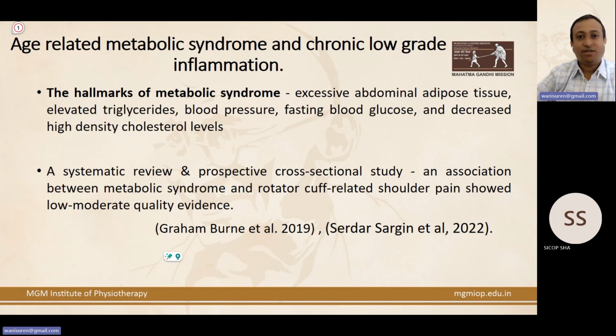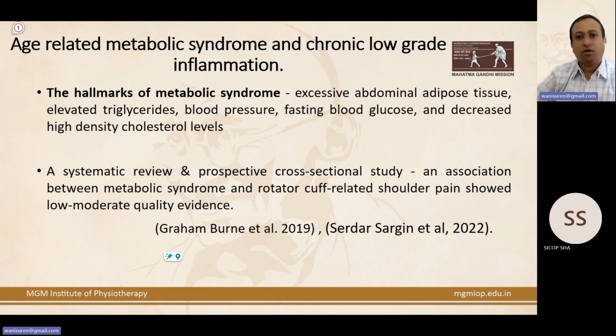Now, next is age-related metabolic syndrome and low-grade inflammation. Age-related metabolic syndrome consists of findings like excessive abdominal adipose tissue, elevated triglycerides, higher blood pressure, increased fasting blood sugar levels, and decreased HDL levels. These are all the features of metabolic syndrome in patients in higher age groups.